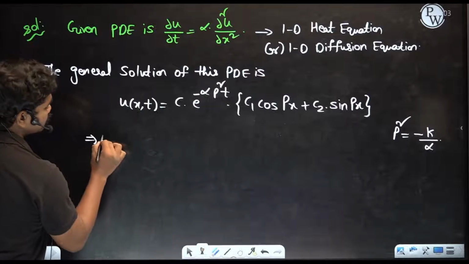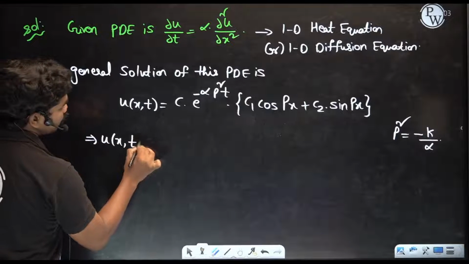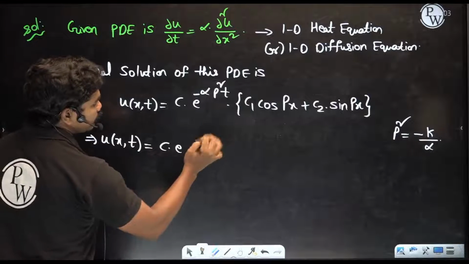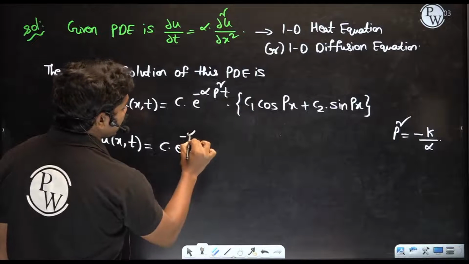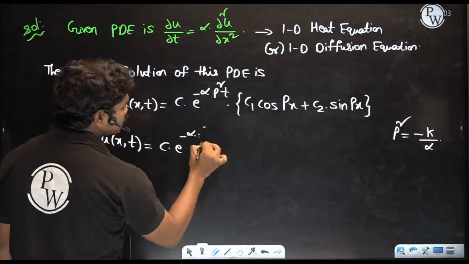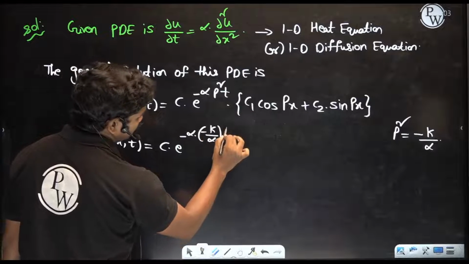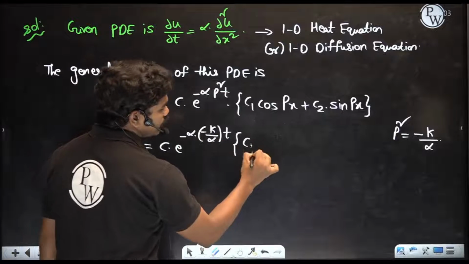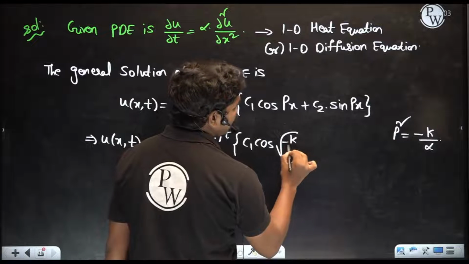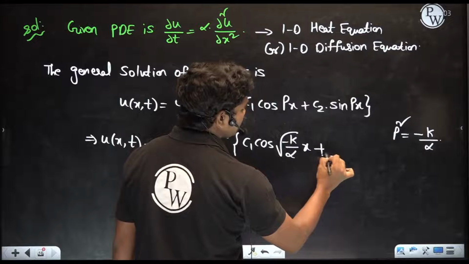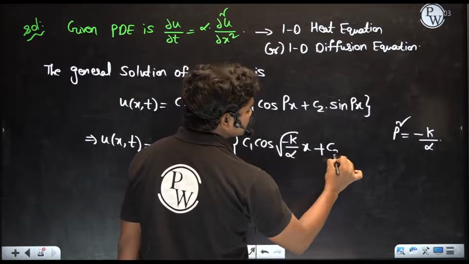So this implies u of x comma t is equal to c into e power minus alpha times p square t, and when you assume p square as minus k by alpha in this derivation, it becomes minus k by alpha times t, into c1 cos p x. So p is square root of minus k by alpha times x plus c2 sin root of minus k by alpha times x, where k can be negative, okay? So k is negative in this analysis.